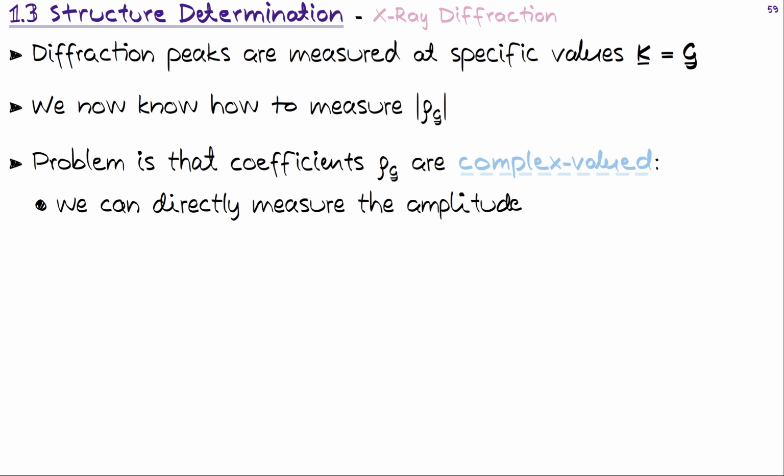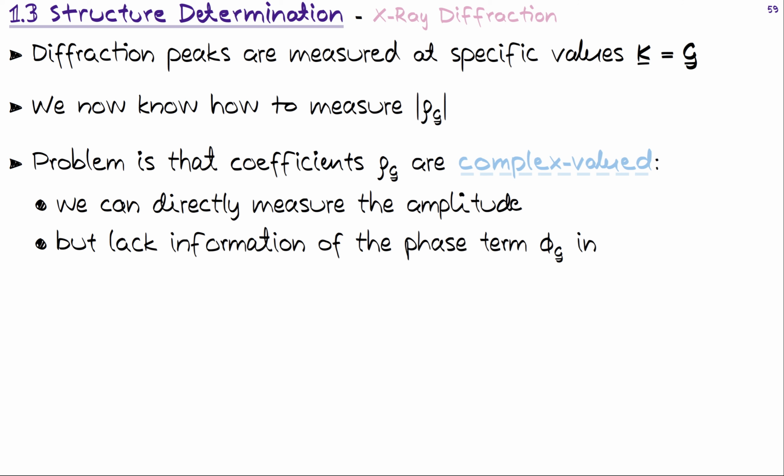We don't have the information of the phase term phi g if we describe the rho g coefficient using complex notation, where we have the modulus, the amplitude of the complex number, times exponent i phi, where phi is the phase. And this is the information we don't have right now.